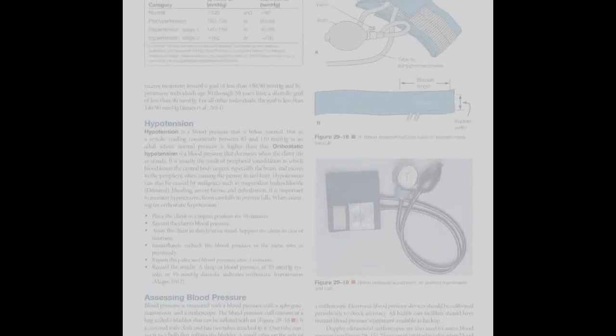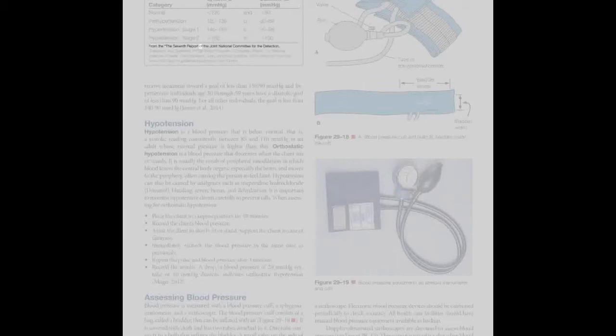Category, systolic BP mmHg, diastolic BP mmHg. Normal: less than 120 and less than 80. Pre-hypertension: 120 to 139 or 80 to 89. Hypertension, stage 1: 140 to 159 or 90 to 99. Hypertension, stage 2: greater than 160 or 100.